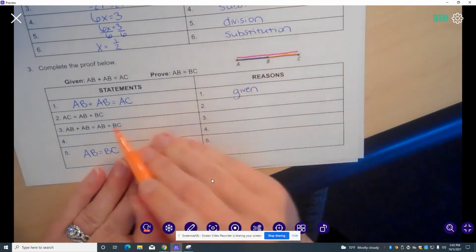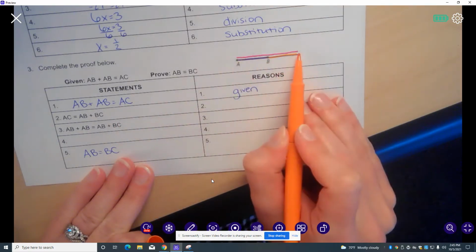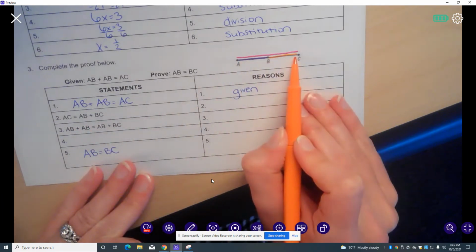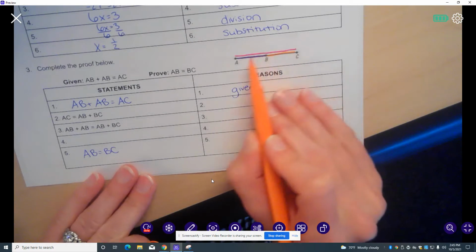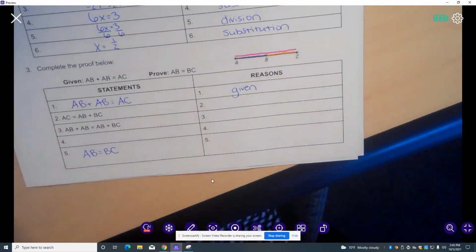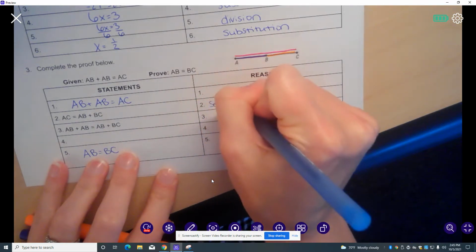Looking at my picture along with this equation, it looks like my whole pink is equal to my purple part plus my orange part. With these segments, the part plus the part equals the whole. So this is working with the segment addition postulate.